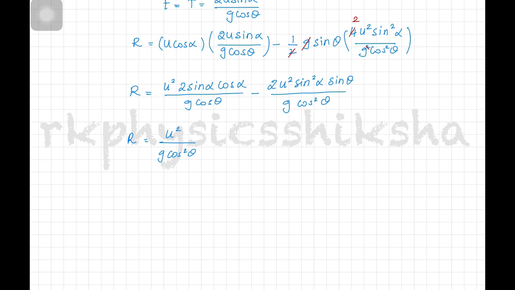And here we can replace 2 sine alpha cos alpha as sine 2 alpha. So if I take it common, I get sine 2 alpha into cos theta minus sine theta into 2 sine square alpha.